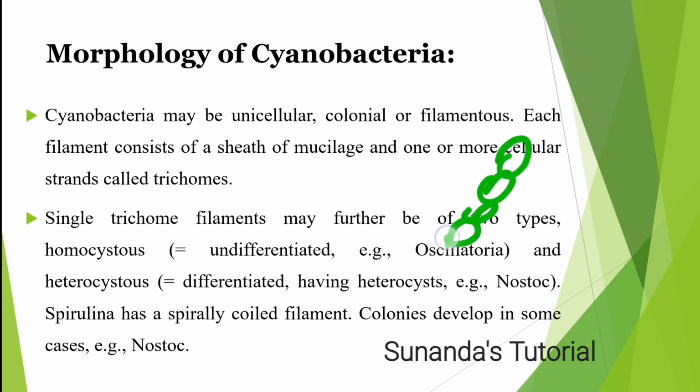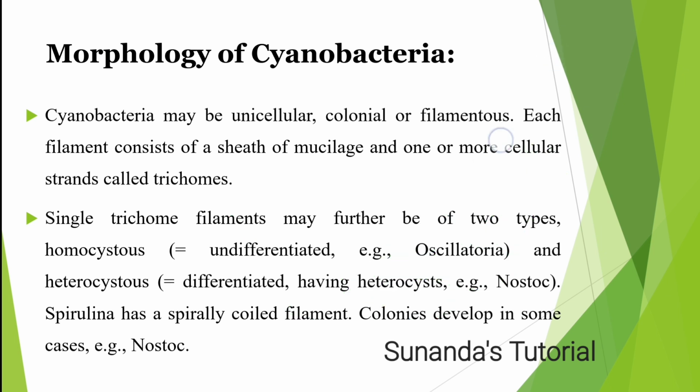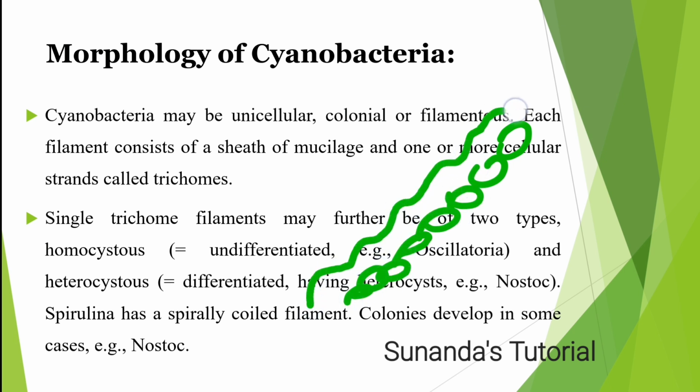A single filament of cyanobacteria is called a trichome. Sometimes more than one filament is present, called trichomes. Surrounding the trichome, a mucilaginous sheath is present like this.